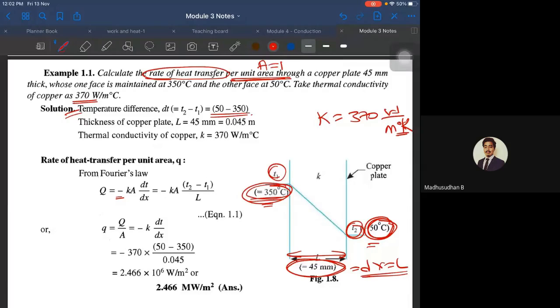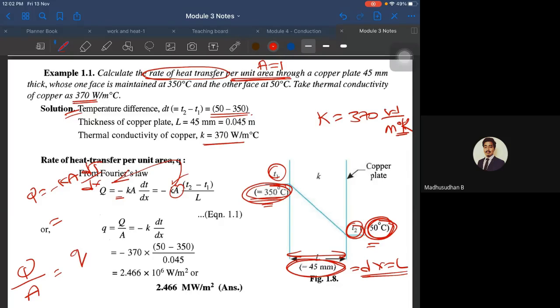Next, the thickness of the copper plate is 45 mm. Thermal conductivity is being given. Use the Fourier law, which says Q is equal to minus KA dT by dx. Since A is not given, you can transfer it to the other side. So Q divided by A is nothing but the small q.